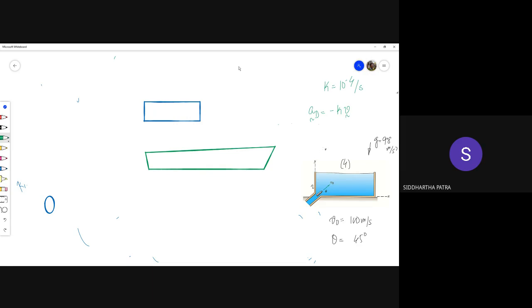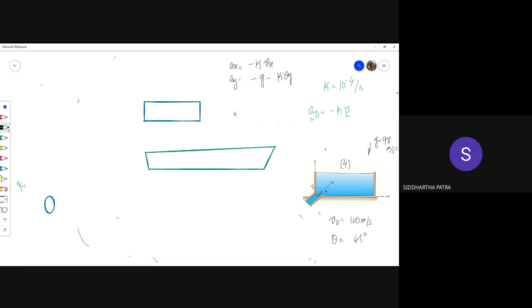So now you'll have to write the ax and ay components. So ax is minus k times vx. So it actually opposes the motion. Whatever is the direction of the velocity, it is acting opposite to that. And ay is minus g minus k vy.